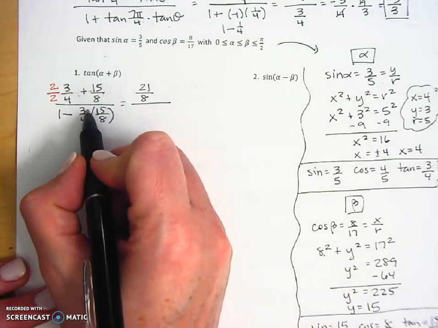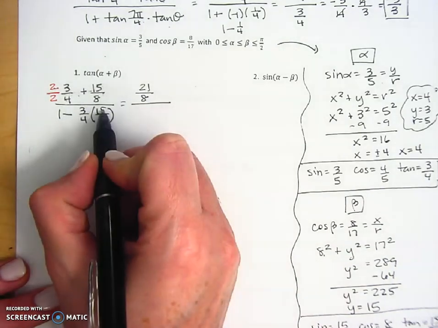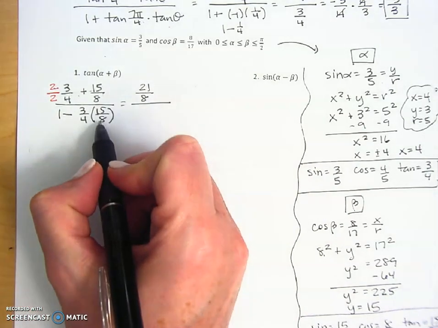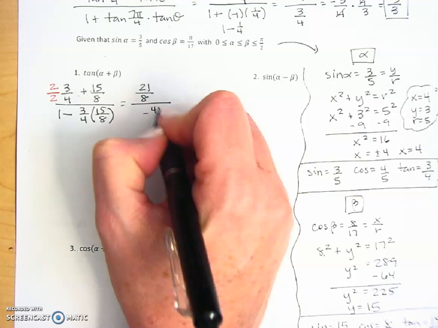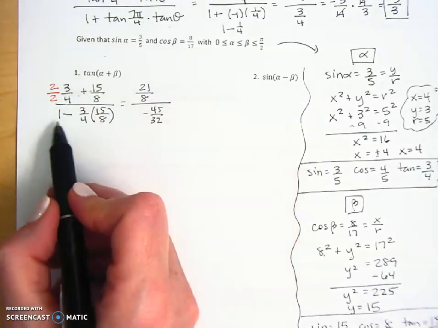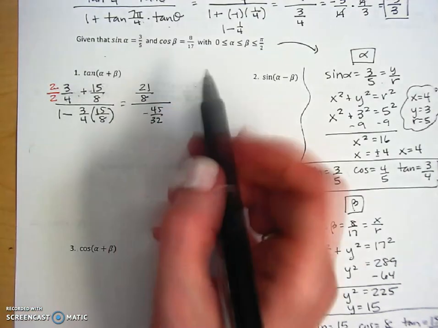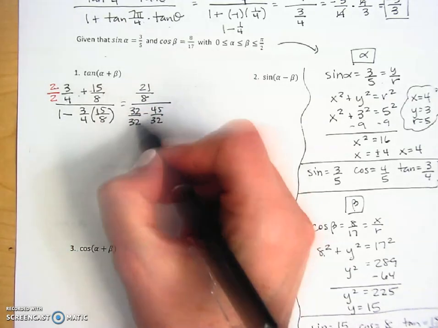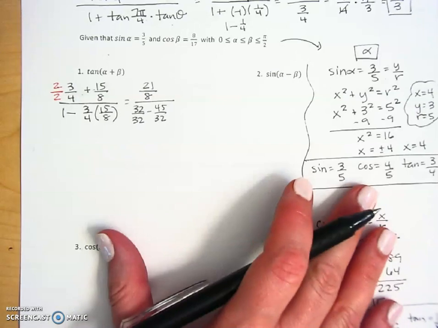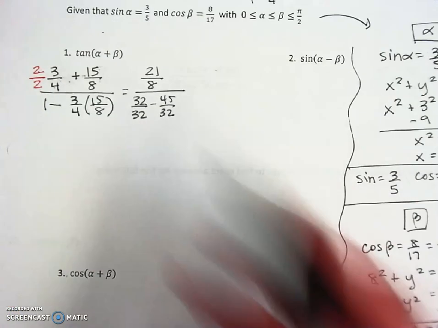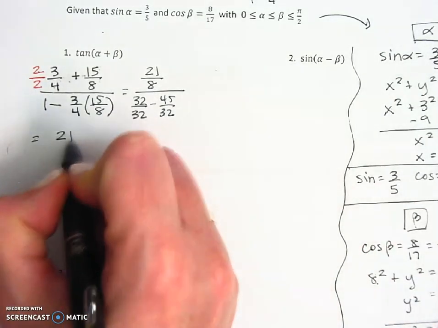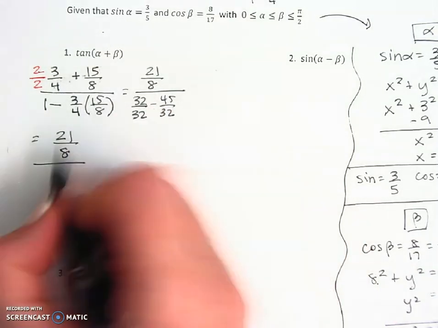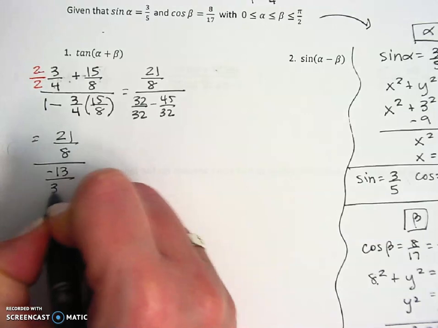So multiplying this gives me 45 over 32. And then this 1 in front I can rewrite with a common denominator of 32. So 32 over 32 is the same as 1. So next, in the denominator, 32 minus 45 is negative 13 over 32.